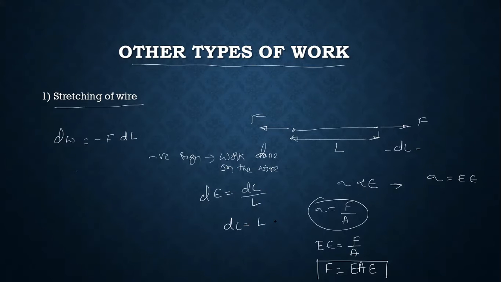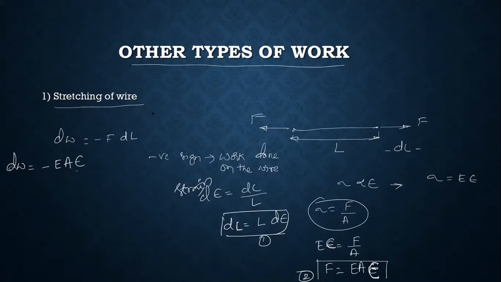Therefore, dl is equal to L into strain, that is, dl is equal to L into d(strain). Then dW is equal to minus F into dl, which is minus E A strain into L d(strain). Therefore, I take minus E A L as one term, then strain d(strain).